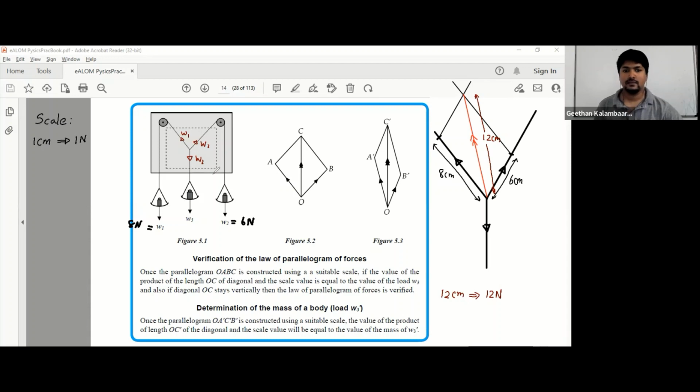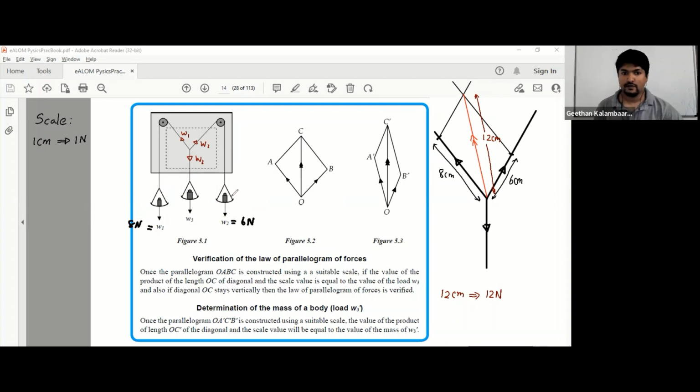So what are W1, W3 and W2 exactly? They are the total weights of these systems, which means they include the mass of the scale pan and the other mass, both of them.